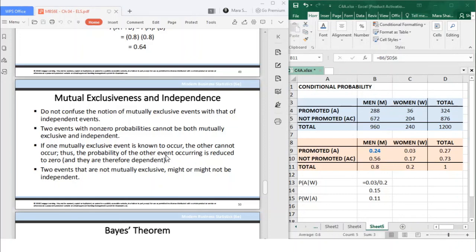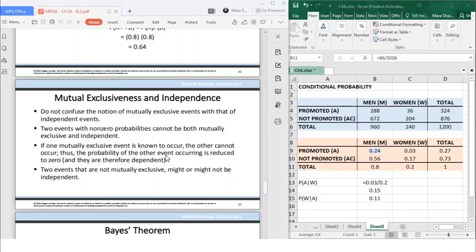Now, if you say mutually exclusive, even if they share no points, if event A happens, it has an effect on the probability of event B. Although they share no points, which is what mutually exclusive means, they share no intersection, the happening of event A has an effect on the probability of event B, so event B is dependent on event A.